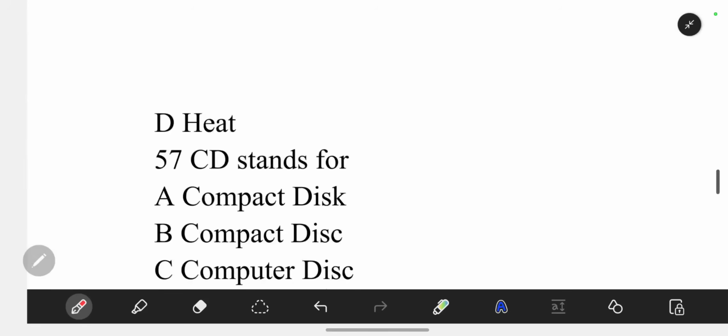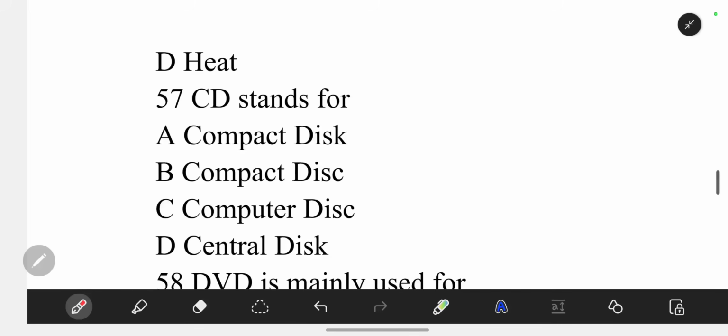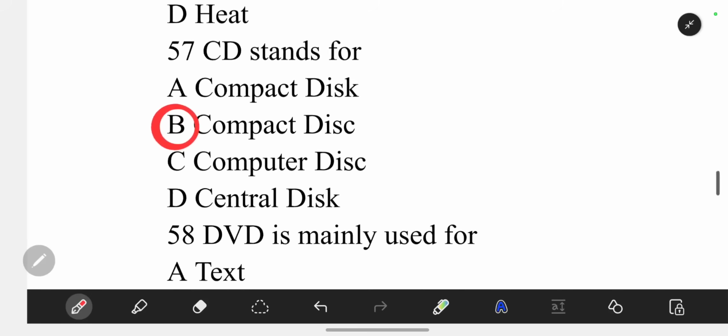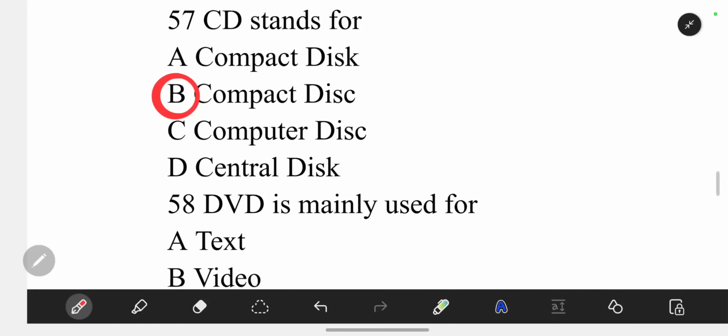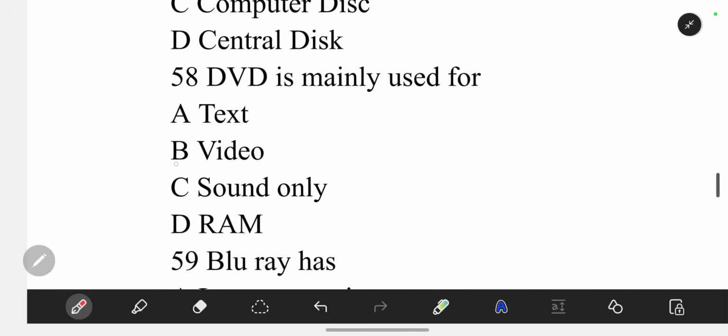Then when we look at our 57, CD stands for compact disc. So we have compact disc, and the last letter should be a C, not the K. Then DVD is mainly used in videos.